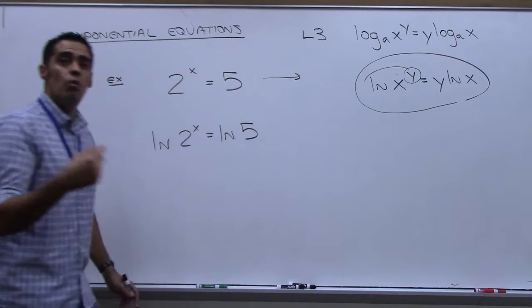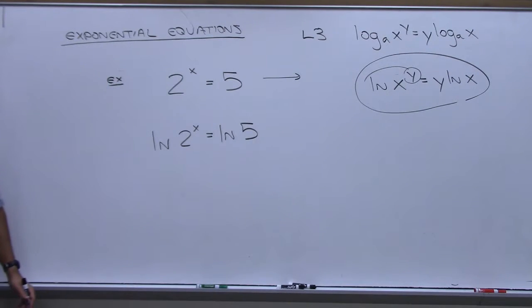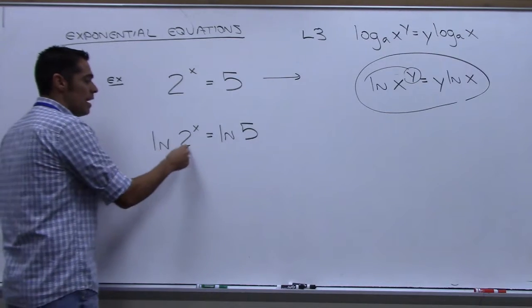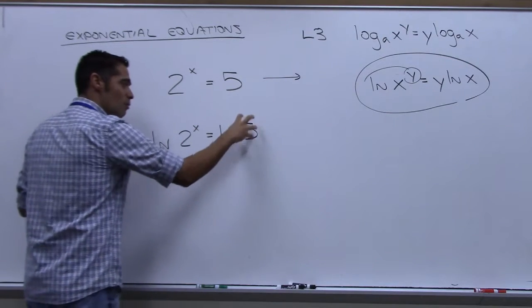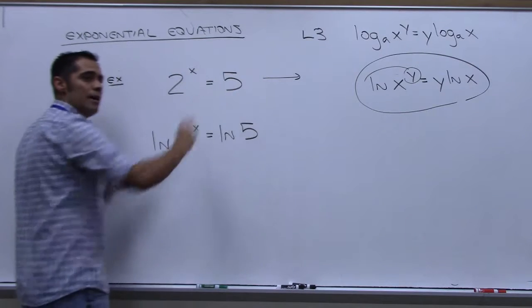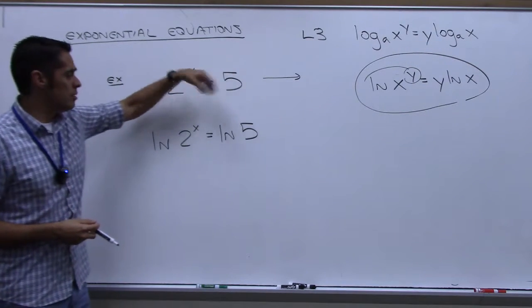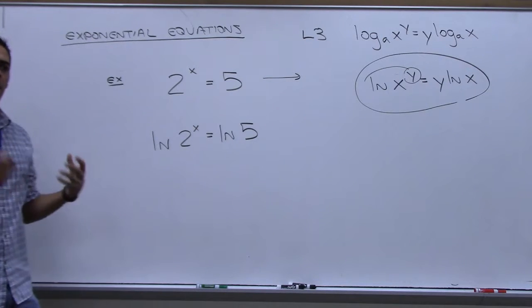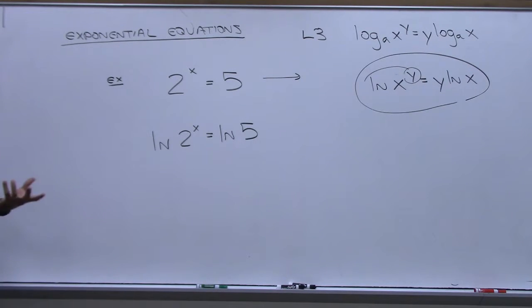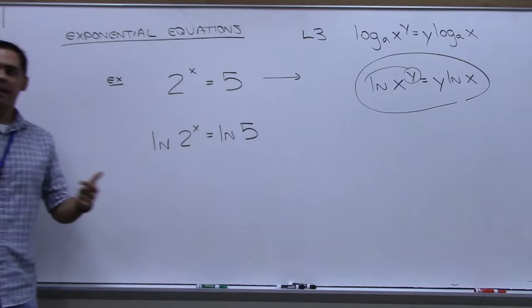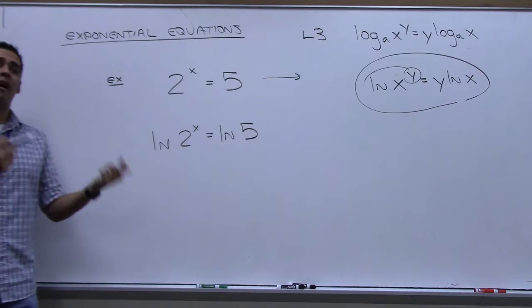This is actually the one-to-one property that I started class with. Didn't we say that if natural log of x equals natural log of y, that x has to be equal to y? Yes. And it was an if and only if statement, so if these two are true, then this is true also. But mathematically what we're doing is we are taking the natural log of both sides of the equation.